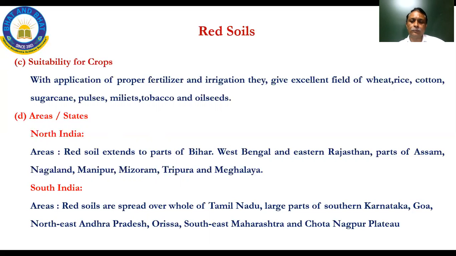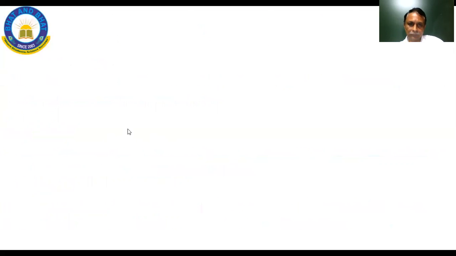It is the red soil. So large parts of southern Karnataka, Goa, northeast Andhra Pradesh, Orissa, southeast Maharashtra, and the Chota Nagpur Plateau. Chota Nagpur Plateau again is now part of Jharkhand. So that is where these are present.